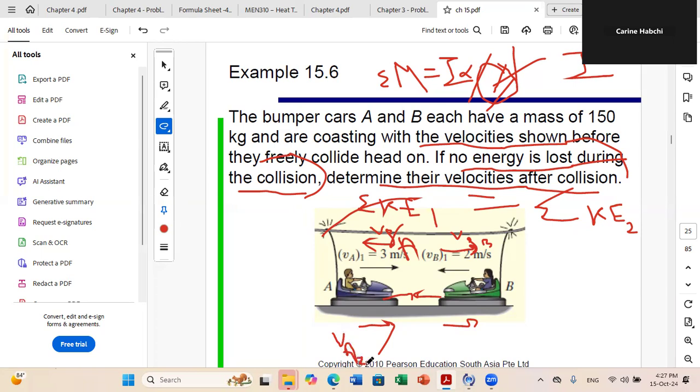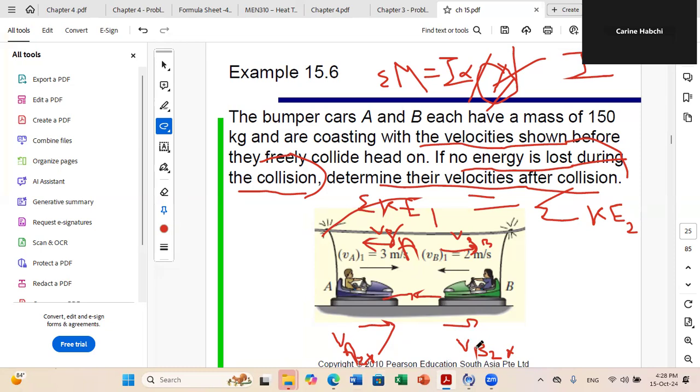If it's positive, then the direction is along x positive. If I get negative results, the direction is opposite to x. So since I don't know what will happen, I can assume that the two cars will have a positive x direction. And according to my solution, I can say if it's right or not. Okay. So VA2x, VB2x will represent the final velocities in x direction.